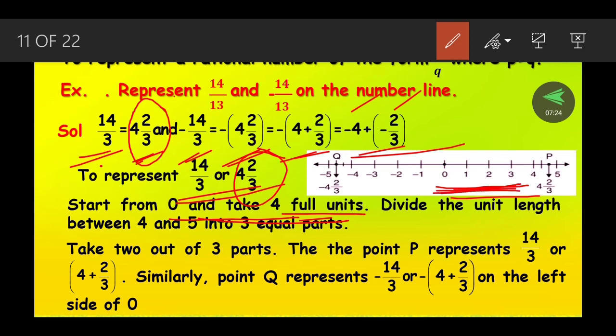After 4, because we have 4 2 by 3 here, the value is more than 4. How much more than 4? 2 by 3 parts more than 4. So after 4, between 4 and 5, this part is to be divided into 3 equal parts.